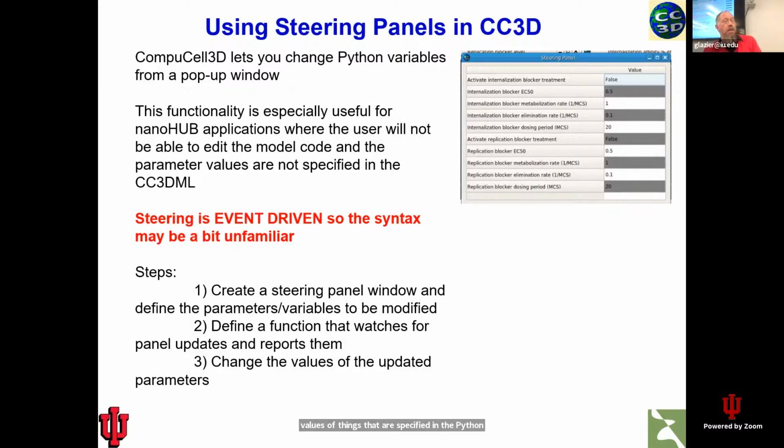And so steering panels are a way of creating not the most sophisticated, but a basic user interface where the user can change parameter values, any parameter values you choose to make available to them.